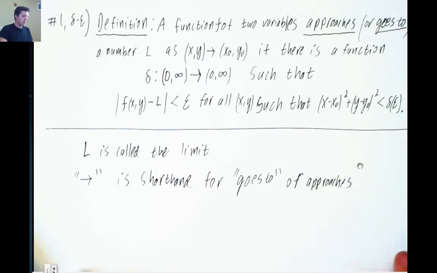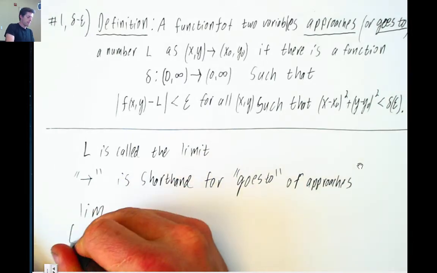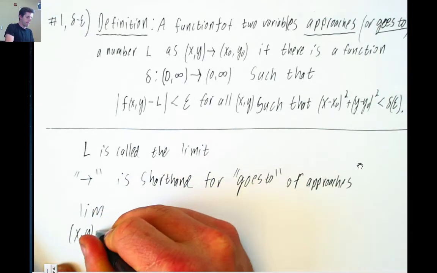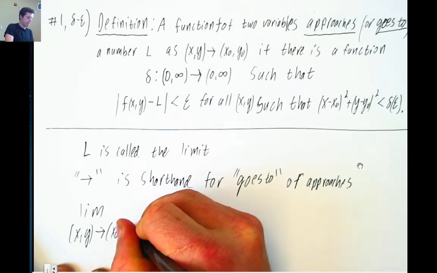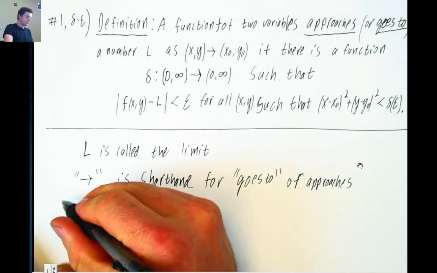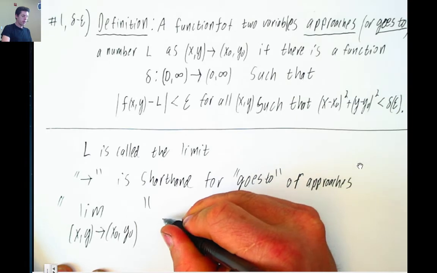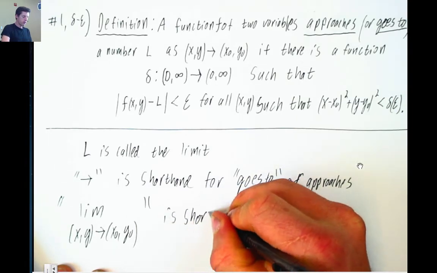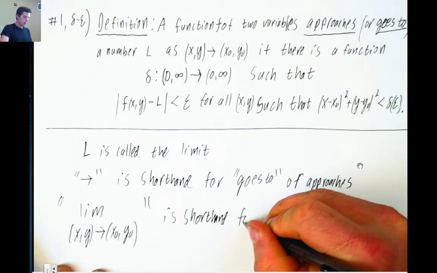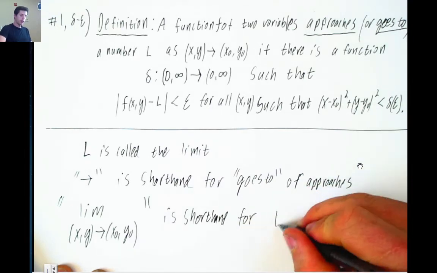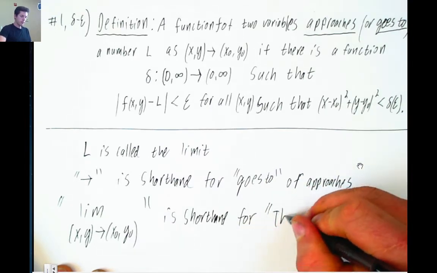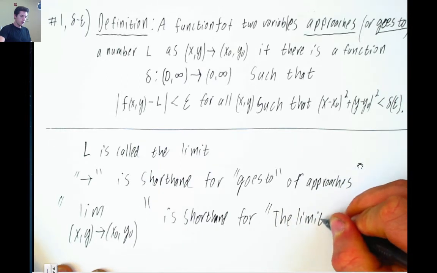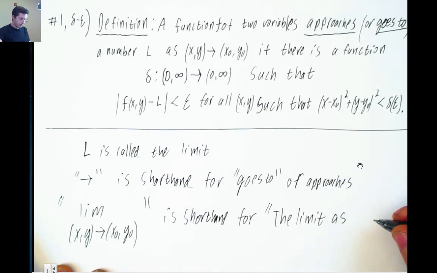And then we say that, and it's all shorthand, for the limit as (x, y) goes to (x naught, y naught).